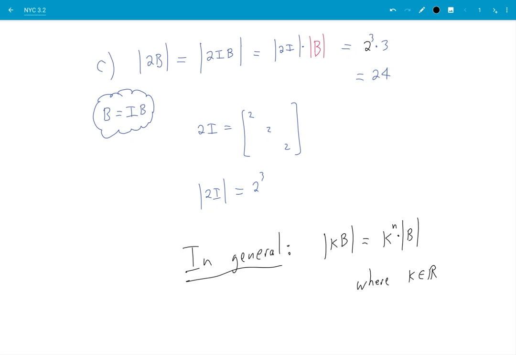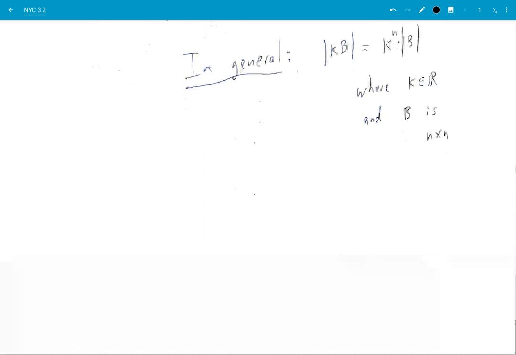So here K is a real number, and B is n by n. Okay, one more example. So of a different flavor.